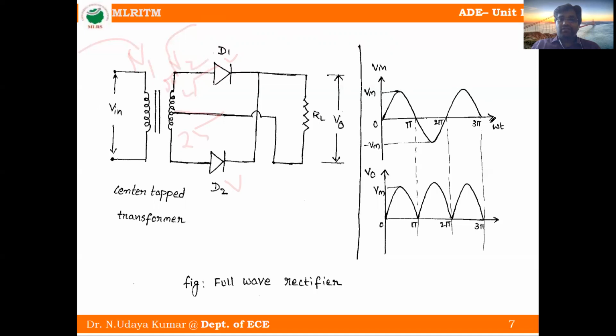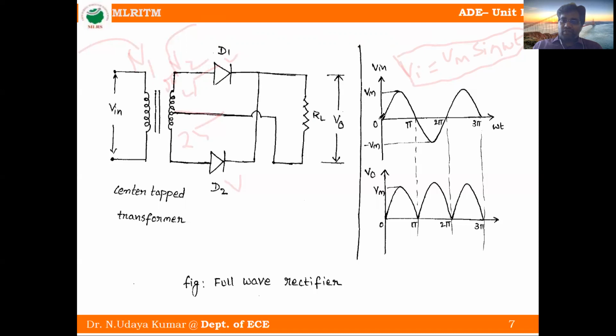We can write its function as V input is equal to Vm sine omega t. This is the equation for the input wave: Vi = Vm sin omega t.